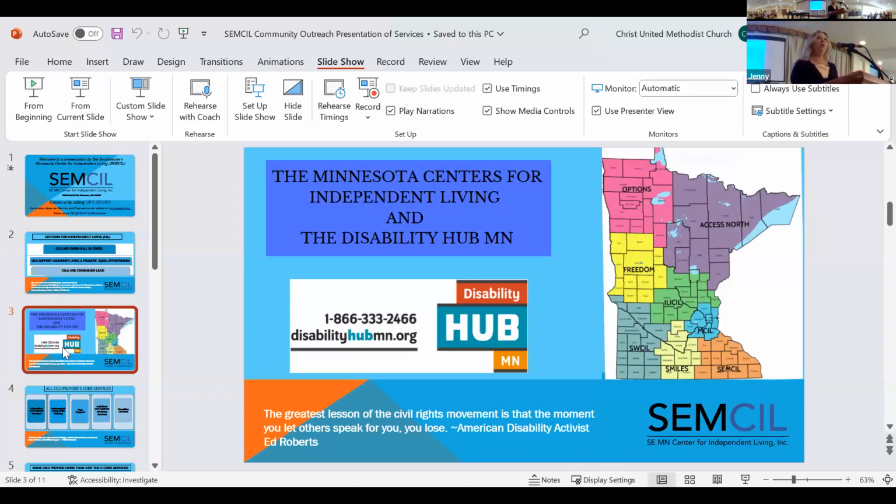We also work with the Disability Hub. If anybody's heard of the Disability Hub MN, they are a call center based service. We co-facilitate that with DHS. They are staffed with benefits specialists. It's a free service. It's a phone call, anything related to disability, whether it be housing, your benefits, any question. There's no wrong question for the Hub.